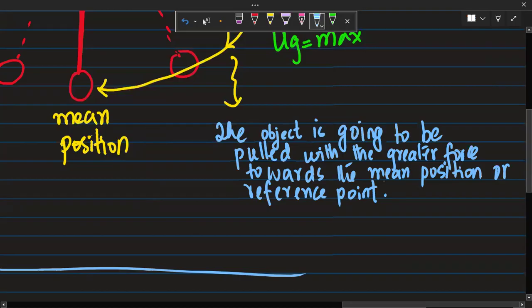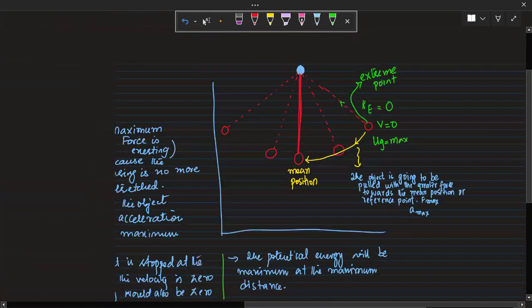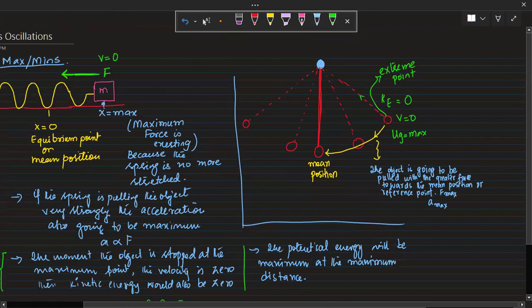So when we say that the maximum force is now exerted to pull it back towards the mean position, ultimately we can also say that the acceleration would also become maximum, right? Clear? I hope this concept is clear to you.